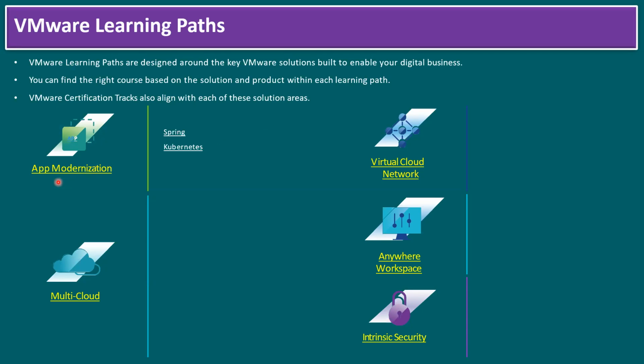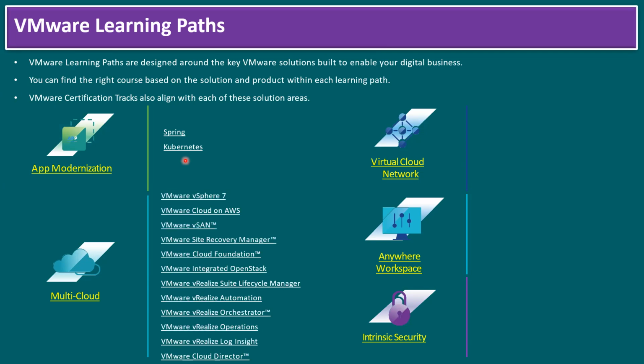Let's say within app modernization, the main core knowledge is Spring and Kubernetes, and enterprise-grade Kubernetes means Tanzu. Within multi-cloud we have multiple products. These VMware solutions start from vSphere 7 and the latest version 8, and other products like VMware Cloud on AWS, vSAN for storage virtualization, SRM, which is one of the disaster recovery solutions, and VCF, VMware Cloud Foundation.